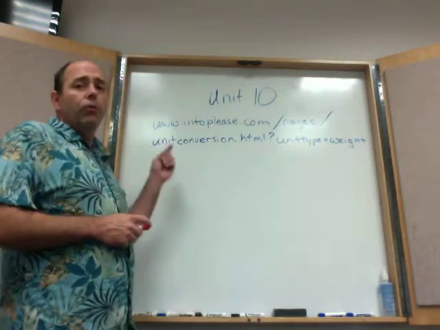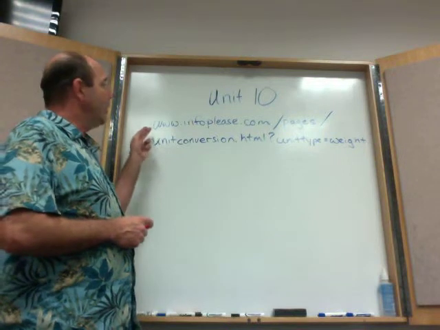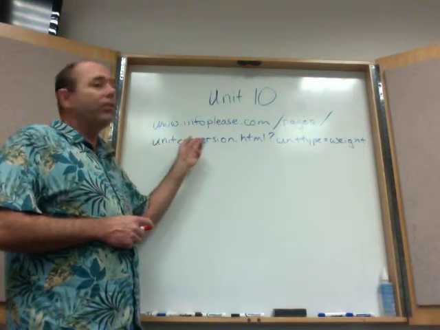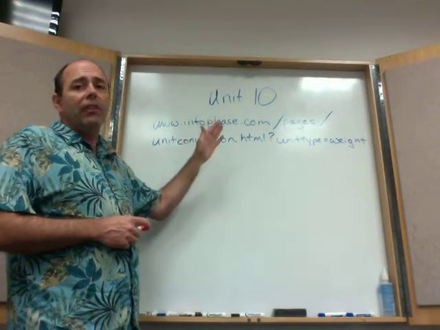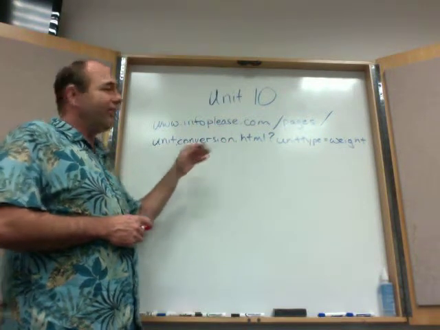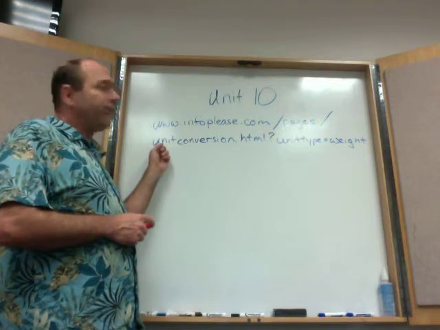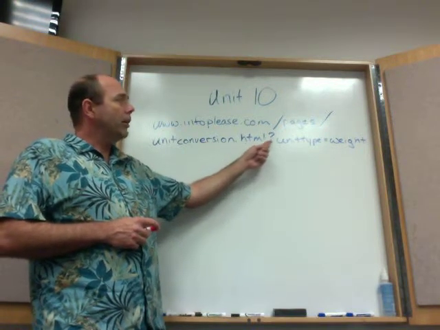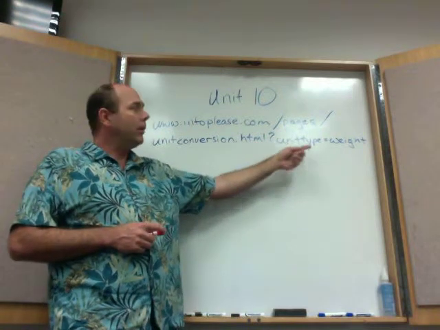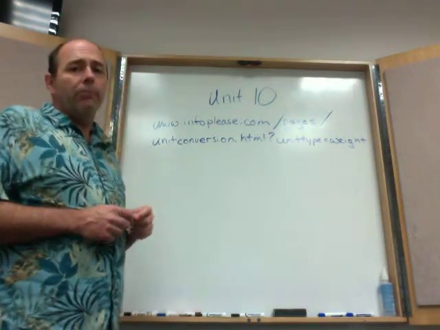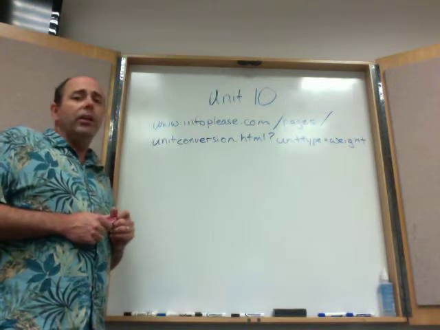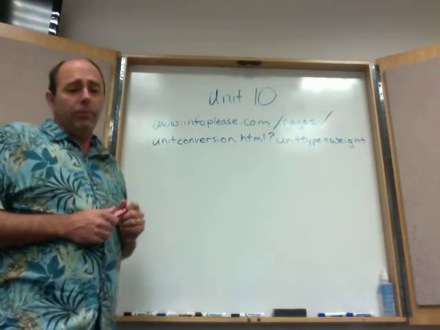But in case you can't see it because of the glare, it's www.infoplease.com/pages/unitconversion.html?unittype=weight. So I'll give you a chance to pause and write that down. That'll be very useful and you're welcome to use it.